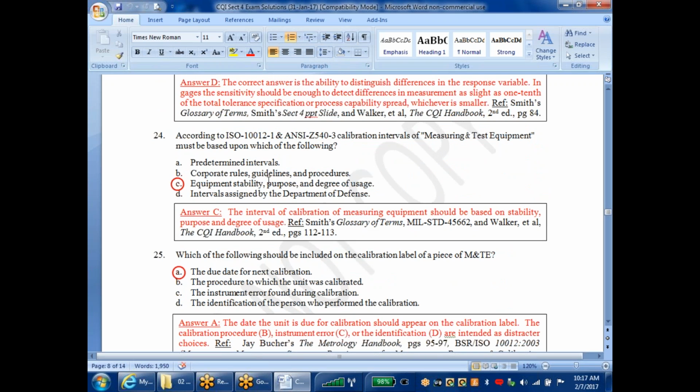24, according to ISO 10012-1 and ANSI Z540-3, calibration intervals of M&TE must be based upon which of the following? Now this is like an earlier question, very early in the exam, but the answer is equipment stability, purpose, and degree of usage. This isn't unusual in an exam, especially an ASQ exam.